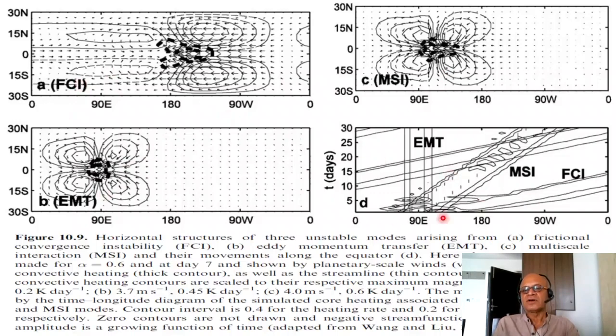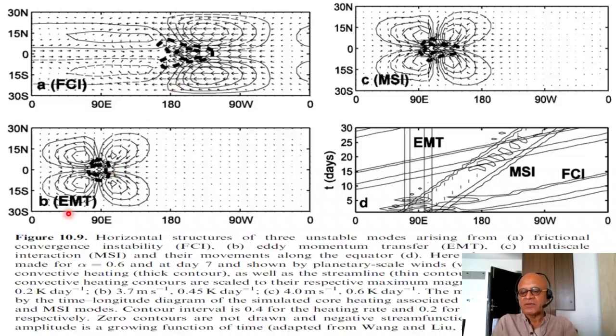In terms of the longitudinal propagation as well, you can see FCI going too fast, EMT becoming stationary, and MSI giving you the right kind of speed. And the structures are also better explained by the MSI instead of just FCI or EMT.